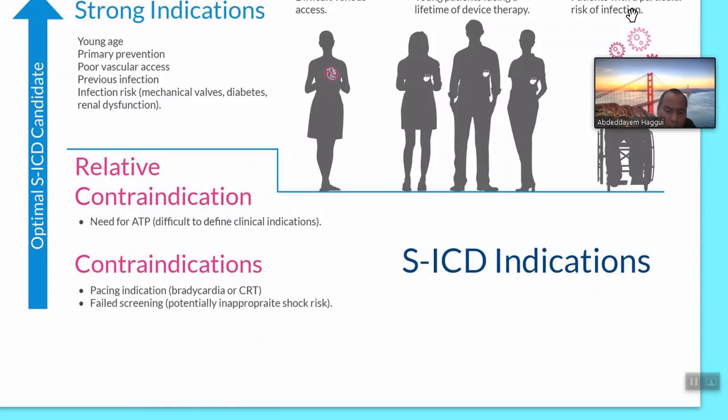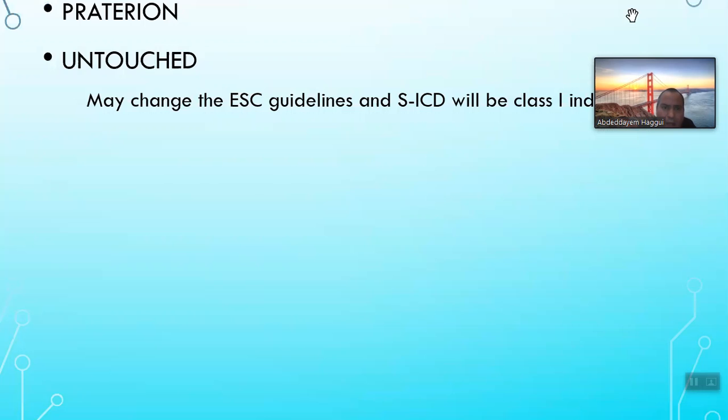The clear contraindications for S-ICD are bradycardia and CRT. Finally, the need for ATP is still controversial, and more analysis is needed to clarify the role of either S-ICD or transvenous ICD in these patients.